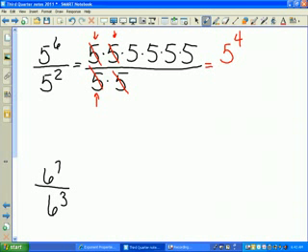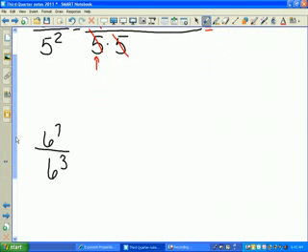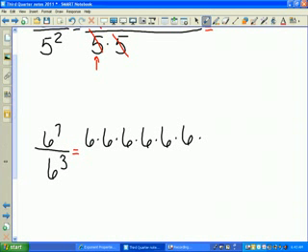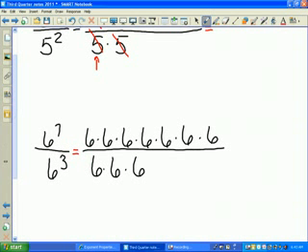Okay? Let's try it again with 6 to the 7th over 6 to the 3rd. So this is telling me I'm multiplying that base of 6 7 times. And then in the denominator, I'm multiplying this base of 6 3 times.